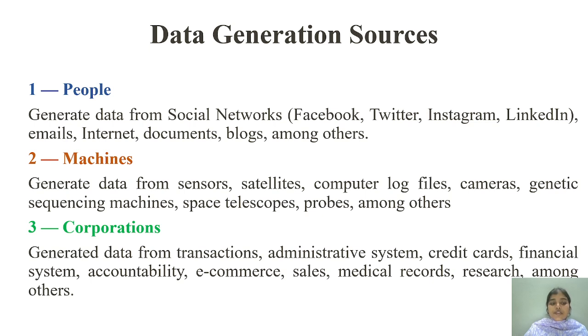Also, it could be generated from corporations. That means it could be generated from the medical field, in the form of medical records, credit card transactions, research, e-commerce, sales, and all. So data is being generated from multiple sources in higher volumes in different formats. We need to bring all the data into a consistent format in order to perform some operations on it.